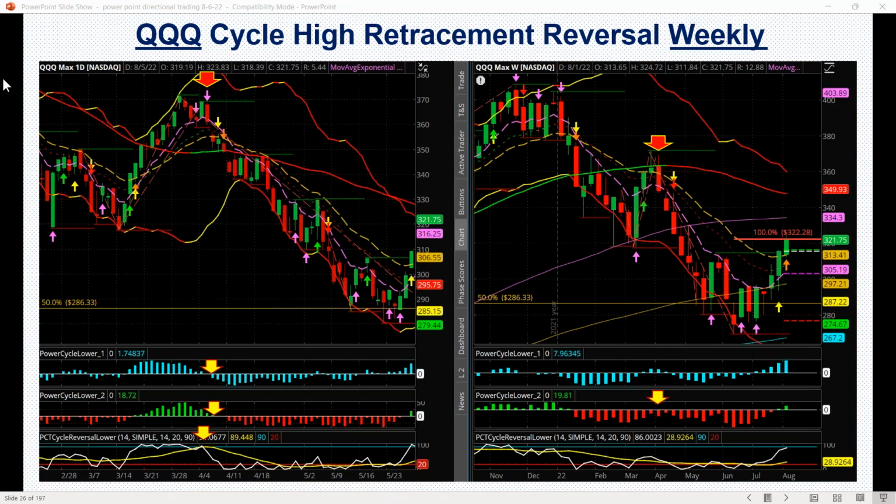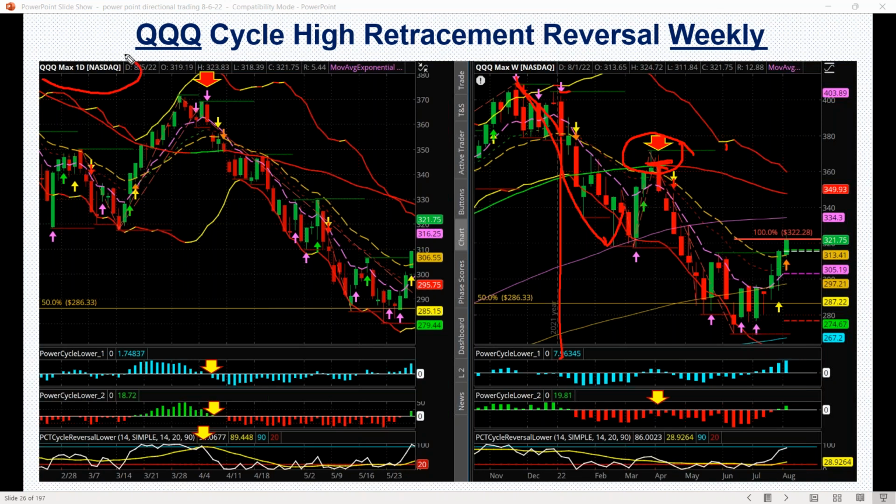Here's an example with QQQ on a weekly. It had the big sell-off, which started right there, came down. Nothing goes straight down, right? Then it's going to cycle back up. So this is cycling back up here to that line there. That's a 50-period moving average. So big, huge overhead resistance or automated trend line that it's bouncing into.